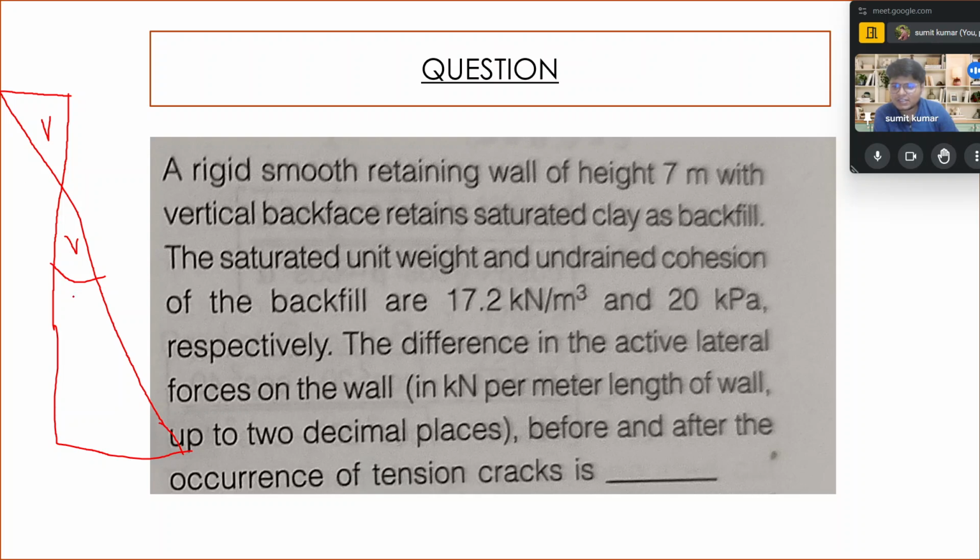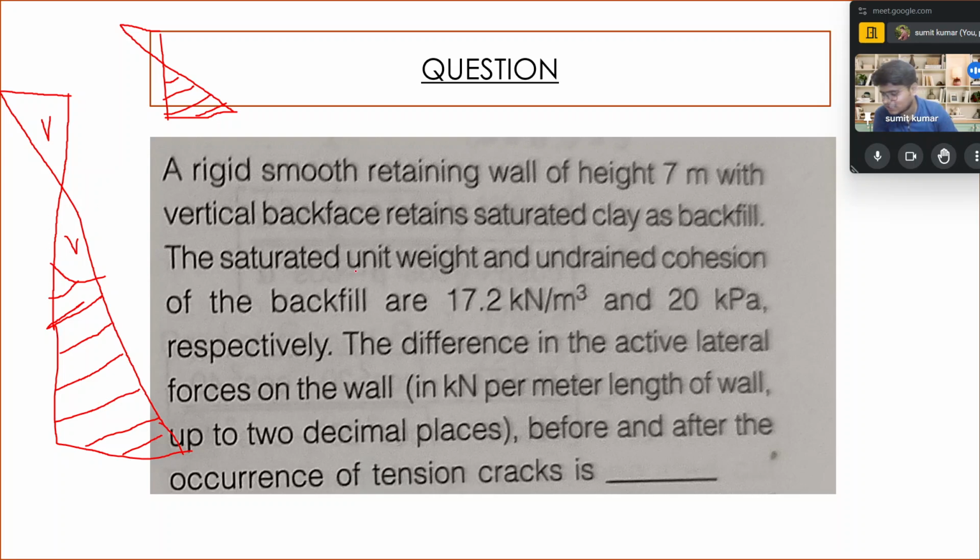So over here when you calculate, first of all, this area you found is useful when tension crack is not there, and when tension crack is there, when you plot the similar graph, this area is useful. So when you subtract these two, this value is going to be your answer.